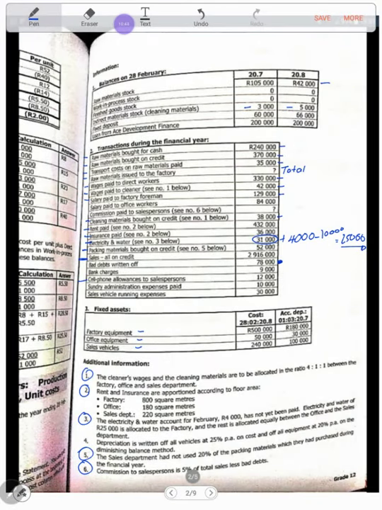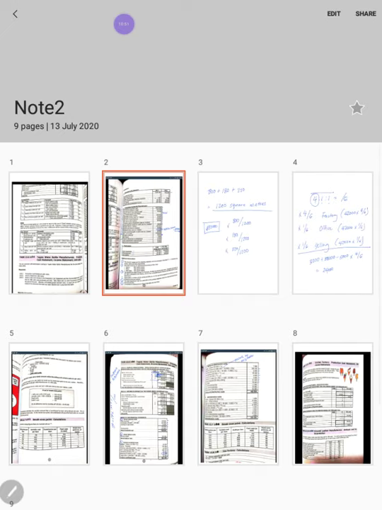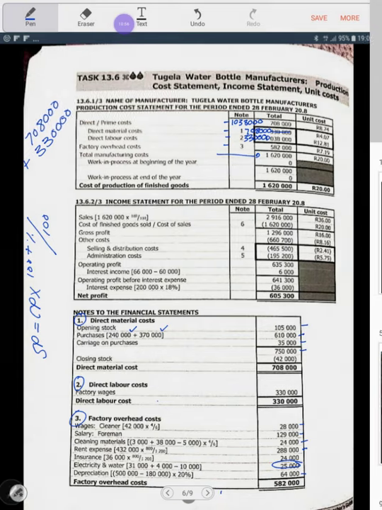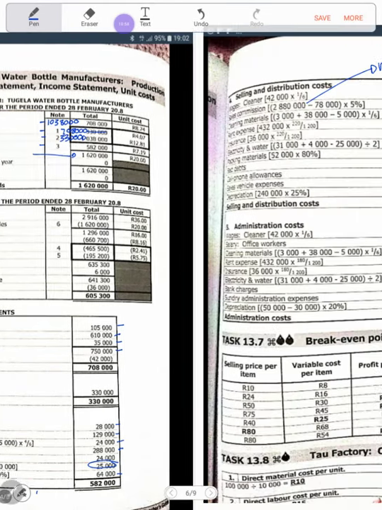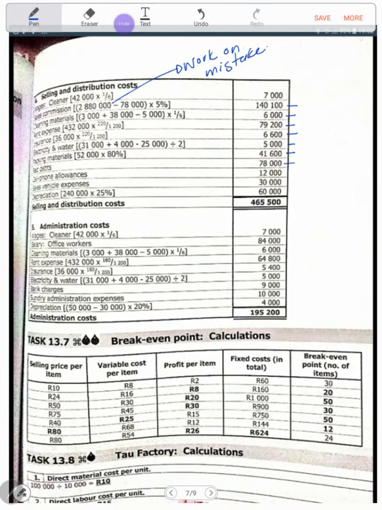Cell phone allowance to salesperson, it was 12,000 rand. And then sales vehicle expenses, the 30,000, it was given in our adjustments.